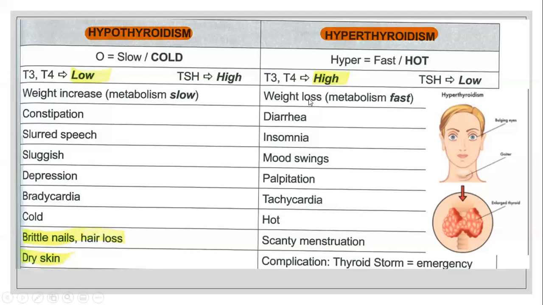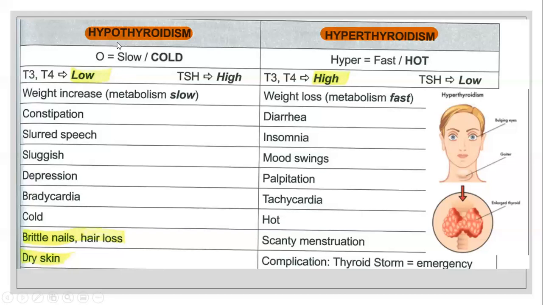The patient has weight loss, metabolism is faster, appetite increases, but weight is lost. Diarrhea, insomnia, mood swings, palpitations, tachycardia, also scanty menstruation. If anybody has tachycardia or palpitations, automatically anxiety will attack or the patient will be restless.